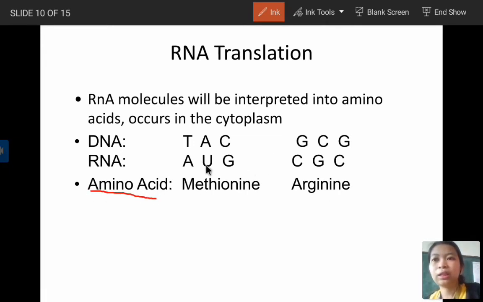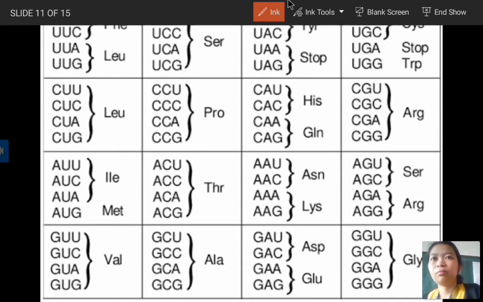So, nakuha natin kanina yung RNA, which is adenine, uracil, guanine, cytosine, guanine, and cytosine. Okay, so we're going to look for methionine and arginine. Saan galing yon? So, there is a table. Ito yung table.